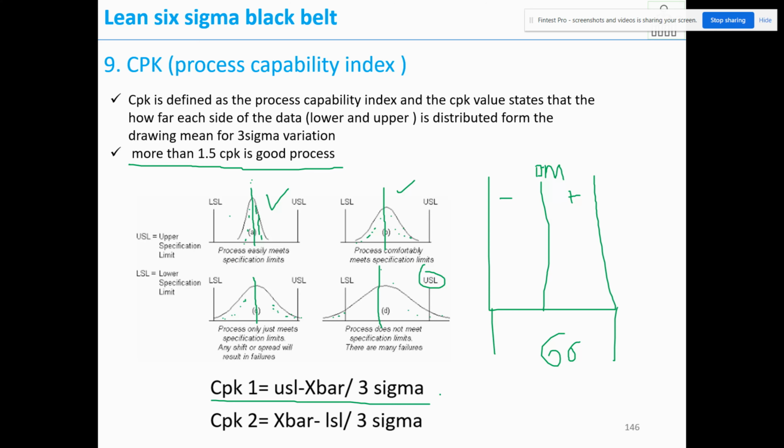Therefore the two formulas, whichever is minimum, that we are going to consider. CPK2 is equal to X bar minus LSL divided by 3 sigma, that is process mean minus lower spec, that we are going to divide with the 3 sigma variation. Then we'll get to know how far the drawing mean has been shifted from the process mean.